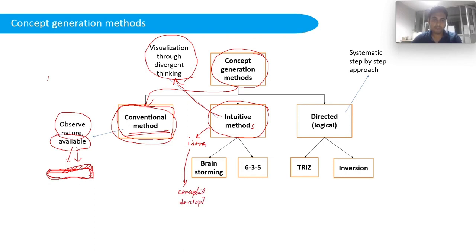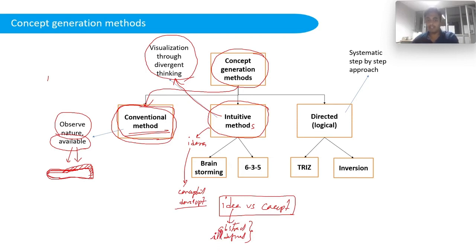There's a difference between idea and concept. An idea is basically something abstract and ill-defined. It is trying to define a solution, but it doesn't have a detailed description of how it can be done, and there is not much detail about the adverse effects or the difficulties in developing that particular concept.